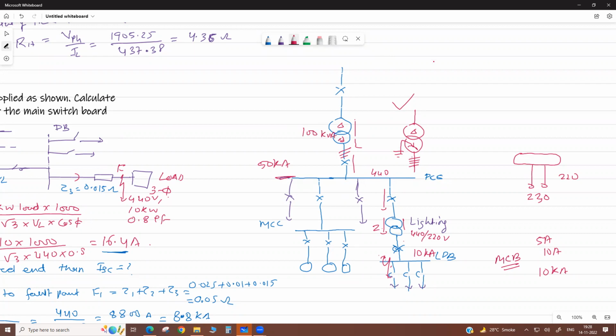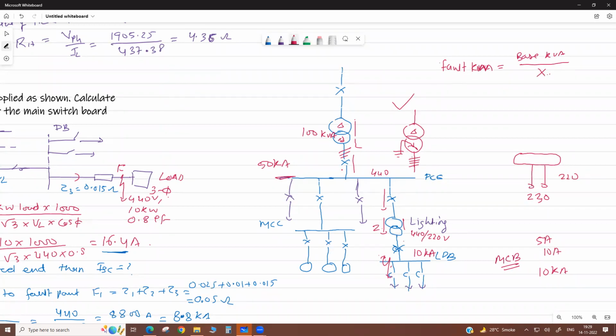First we select the base kVA, then we calculate the total impedance. First we calculate the fault kVA. Fault kVA means, when there is a fault, how much is the fault kVA? Fault kVA equals base kVA divided by percentage impedance, the total percentage impedance up to the fault point.